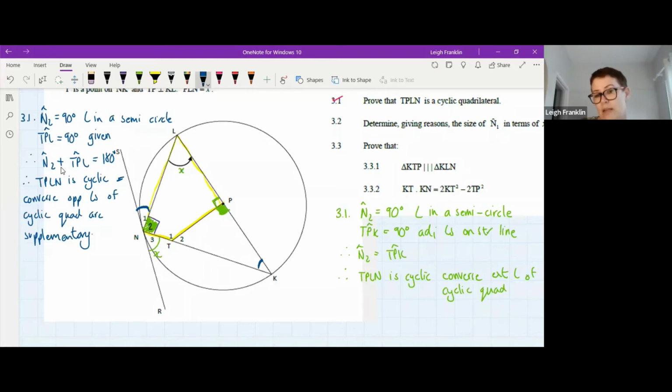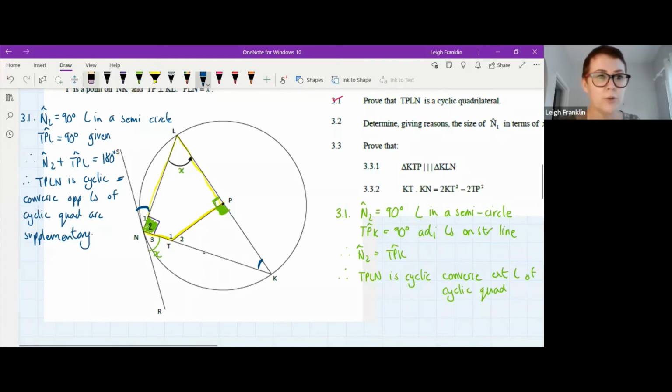And we can see that angle K is an angle inside triangle KLN. Okay, and that's useful to us because angle K plus angle L plus angle N2 has to add up to 180.